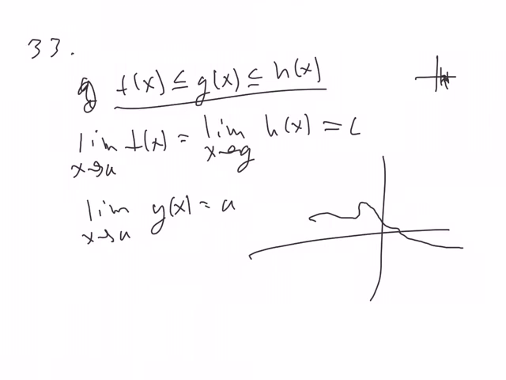We're trying to find the limit right here. And we have another function f of x that does something like this and is always smaller than g of x. And then we have a function h of x that always does something like this.